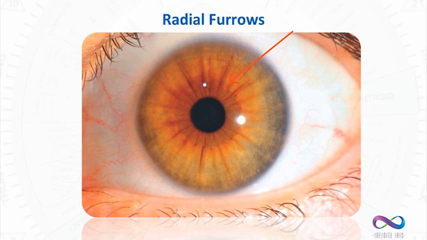So we can have very short radial furrows. This one's rather short. And then some that are a bit longer, some that break through the collarette, and some that go all the way out to the iris edge. Radial furrows are grooves, and they show a potential for a deficiency in nerve energy in those areas.